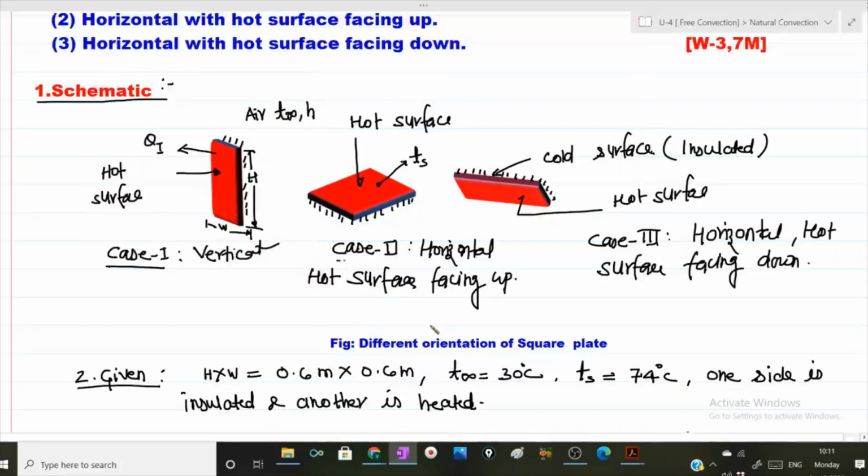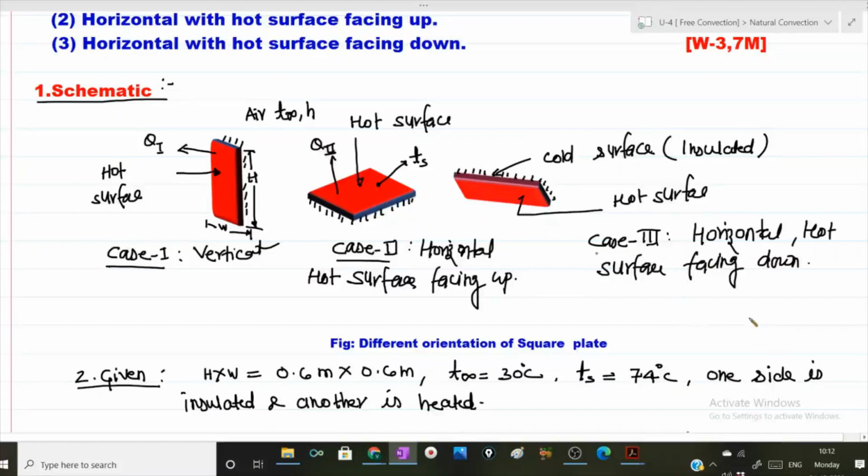In case 2, the same square plate is kept horizontal such that its hot surface is facing up and the insulated face is in the downward direction. So from the hot surface, there will be heat transfer. Let's say this rate of heat transfer is Q2.